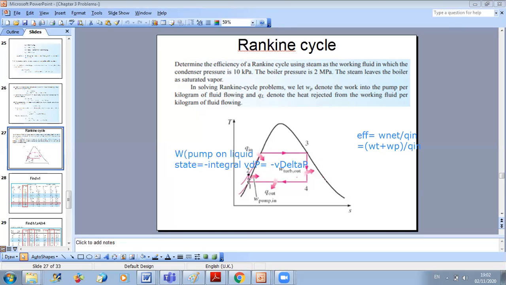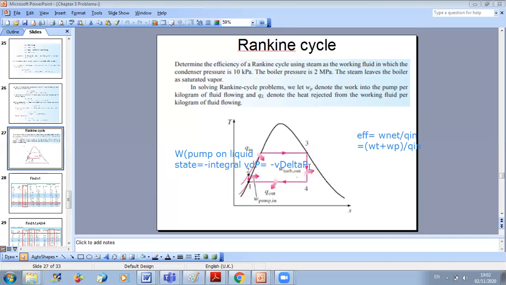It's tabulated only for very high pressures. So you will not find state 2 in the tables. Because you are not able to find state 2 in the tables in order to compute H at point 2, we will use this alternative formula that the work in the pump can be computed as minus V delta P.